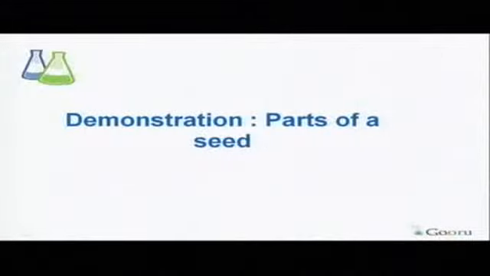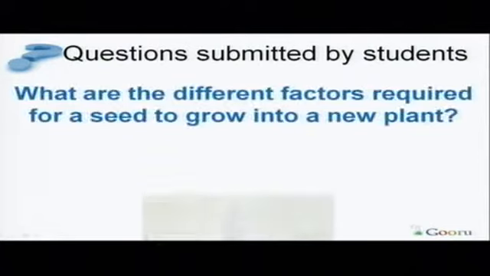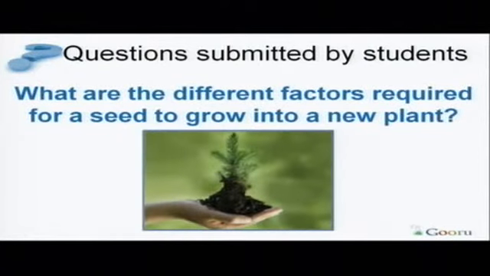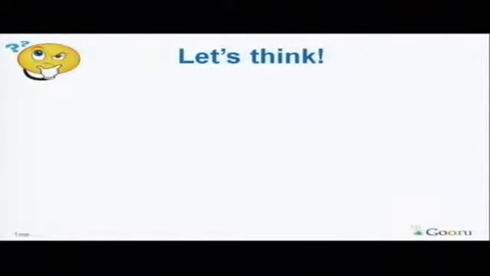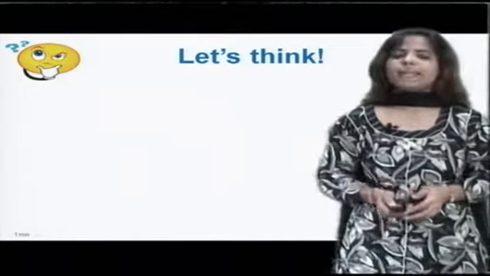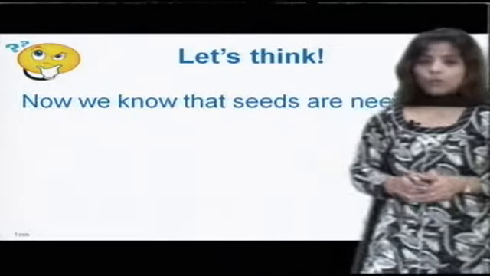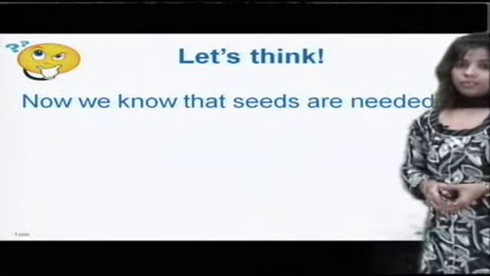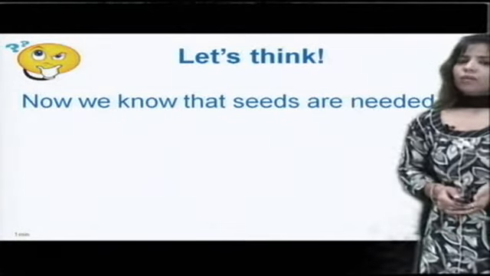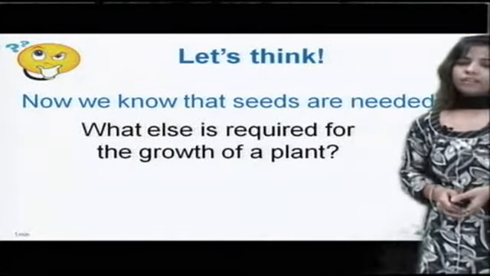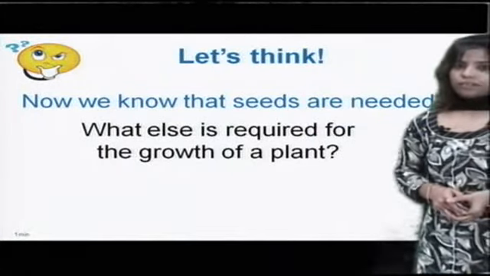So we learned the parts of a seed, and let's move on to our next question, which is what are the different factors required for a seed to grow into a new plant. Children, before we do this, let's think. Now when we know that seeds are needed, what else is required for the growth of a plant?